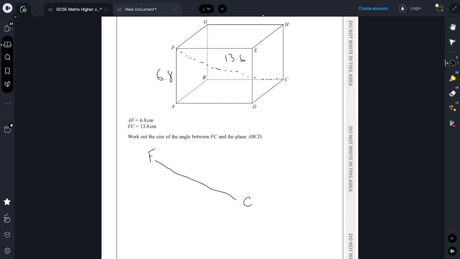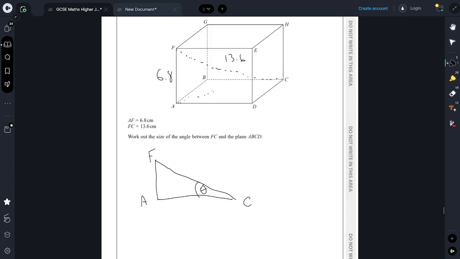Well, F is below A, and A, if you think about it here, I know this is hard to explain again. Like anything with geometry and visualization, it really is hard to explain. But we're interested in this angle here, FC and the plane.